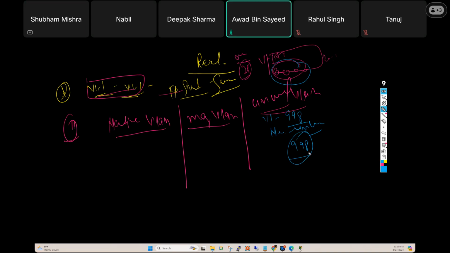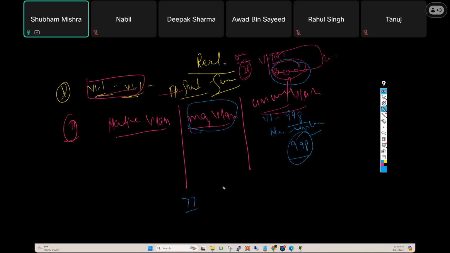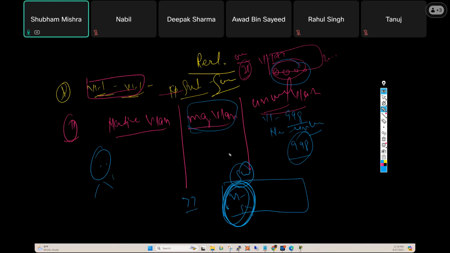Now the next is management VLAN. You can understand it like this. For example, this is the switch. On this switch, I configure the management VLAN, and on this management VLAN we will enable everything, for example SSH. For example, you are working remotely.